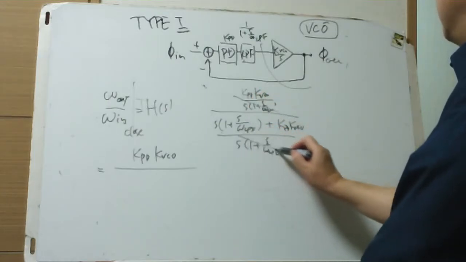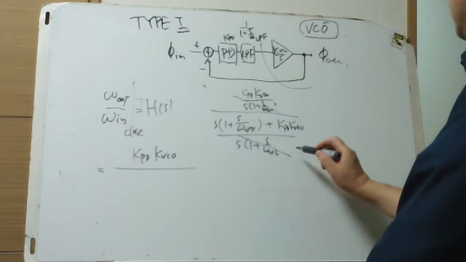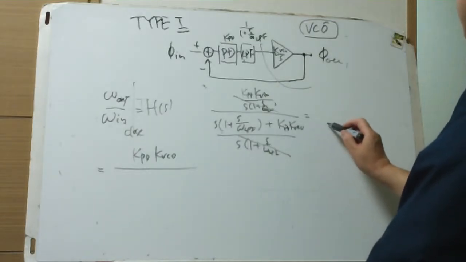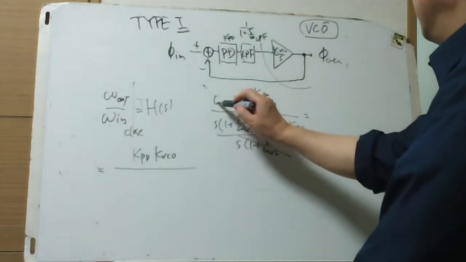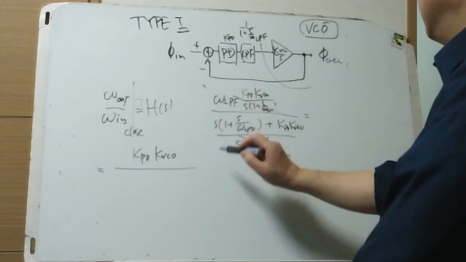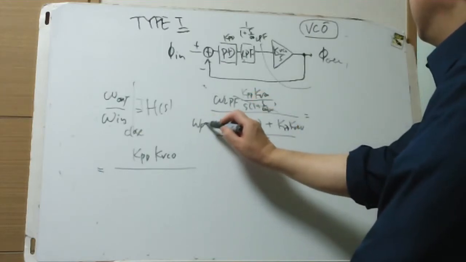This is cancelled, and so omega low pass filter is multiplied to here.